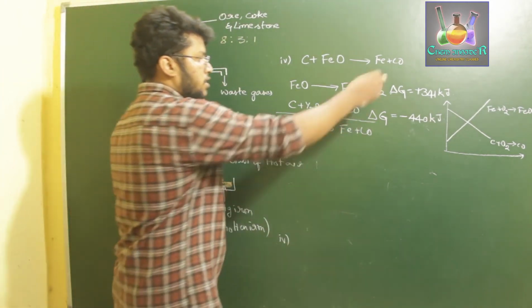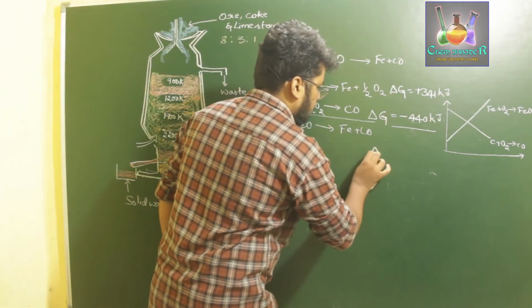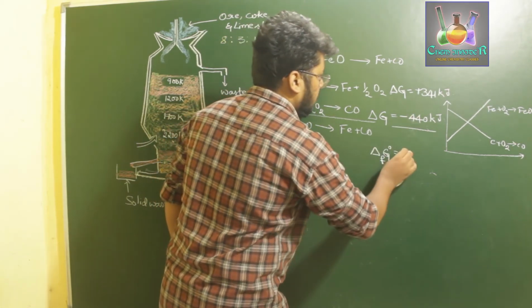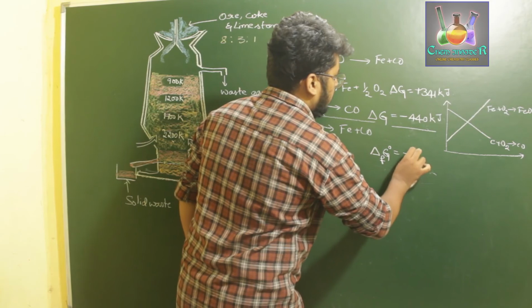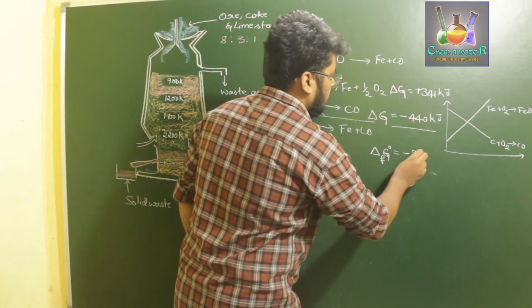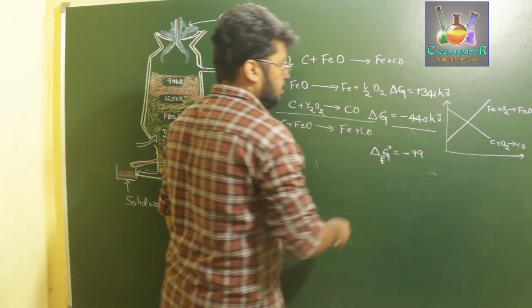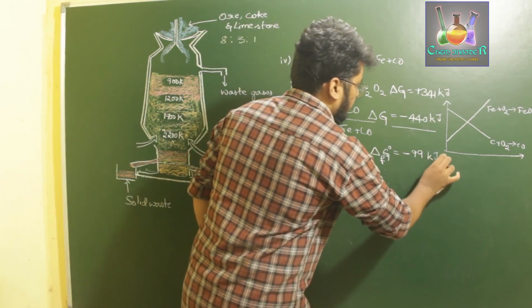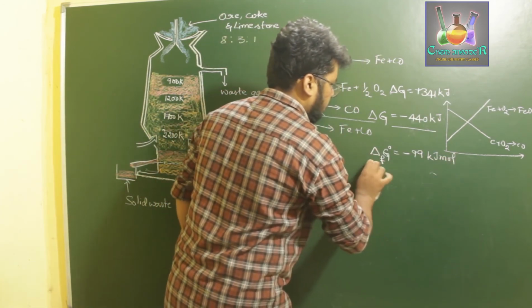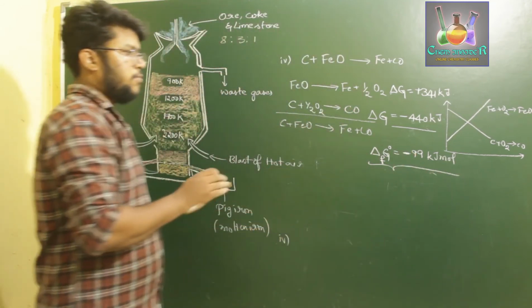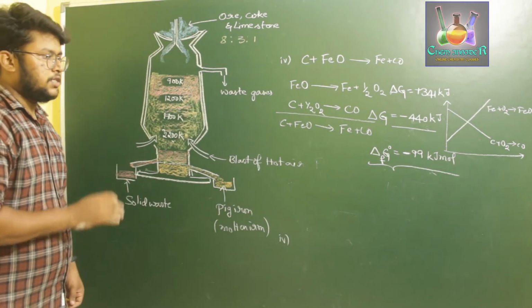If you add these two, the delta G naught of this reaction is going to be minus 99 kilojoules per mole. So our delta G for this reaction is negative, and this reaction is possible because of its negative delta G value.